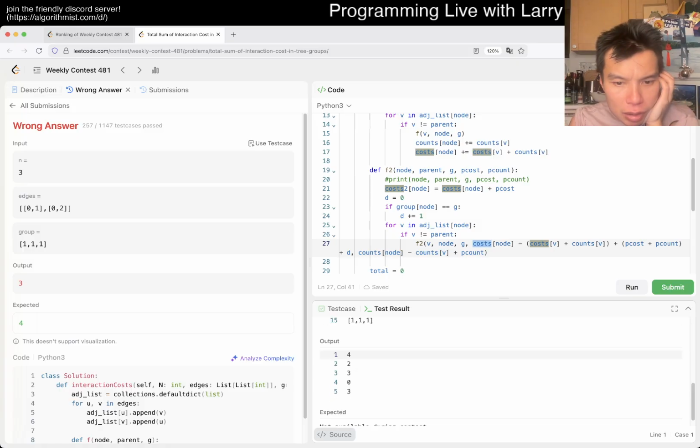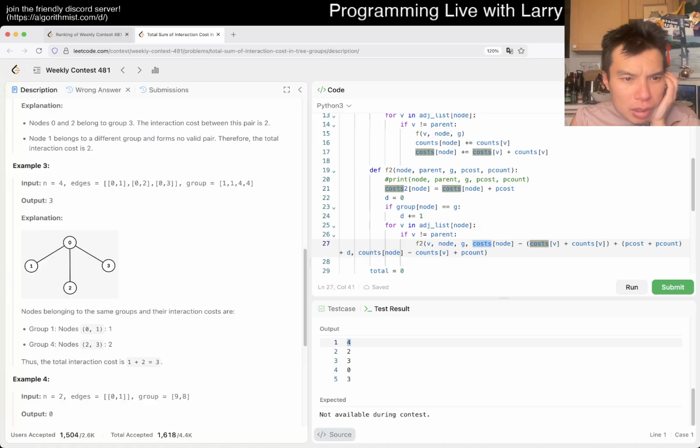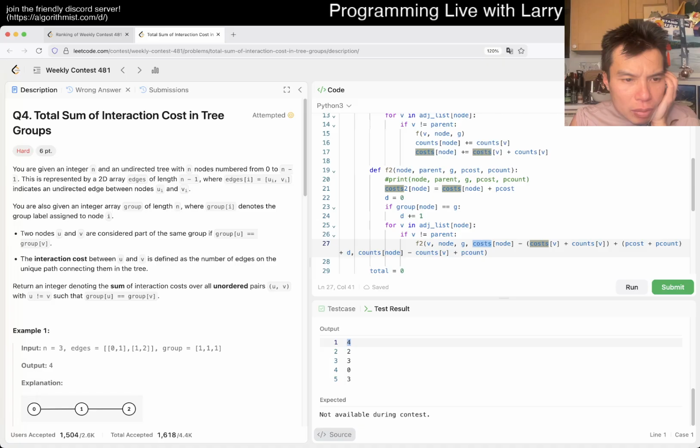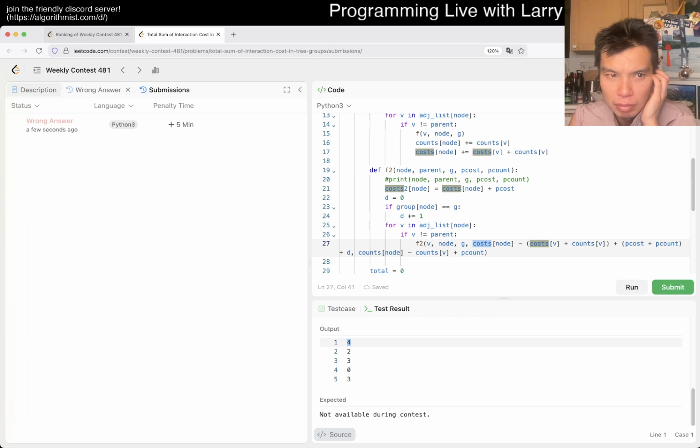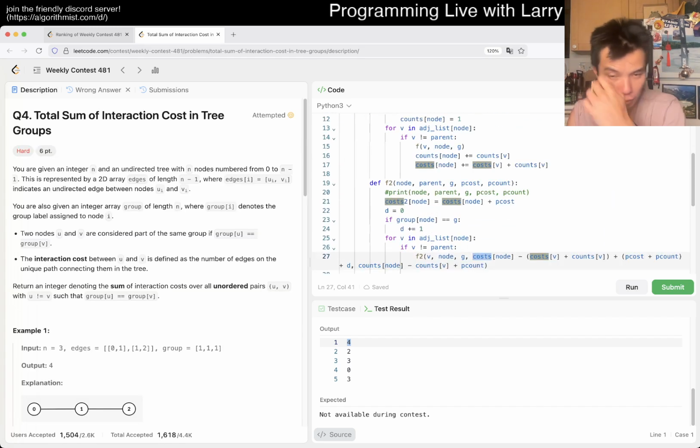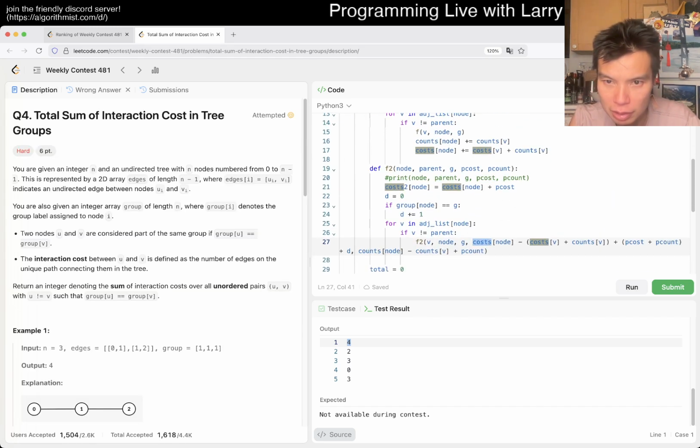Wait. Oh no, this is 4. Let me read this. Why is this different? Well, I mean, it's the same, so it should be 4. Well, why am I different? That part actually makes no sense.